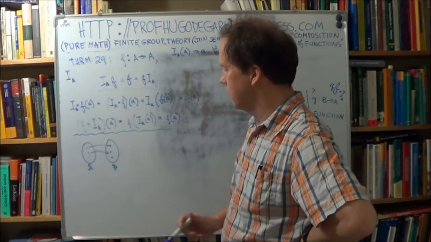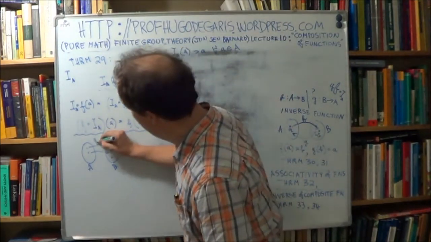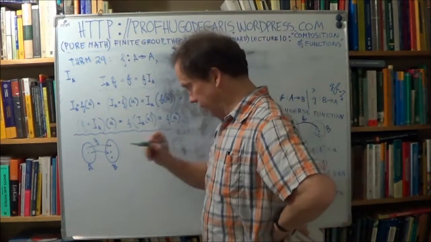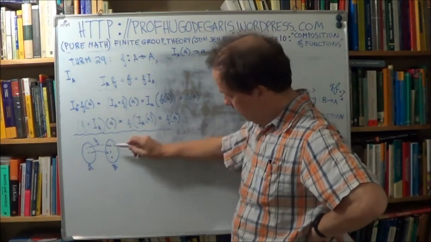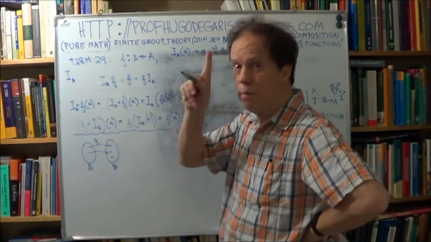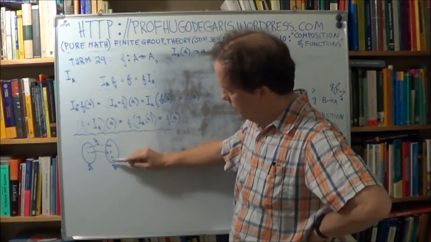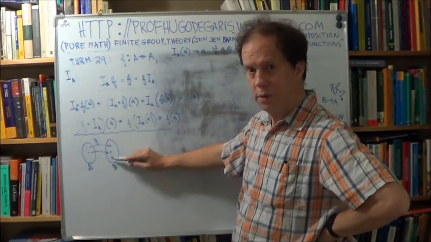Let's say this mapping here, f, is injective, right? So each element of your codomain is mapped to at most once. So this is mapped once, this is mapped once, and this is not mapped at all.